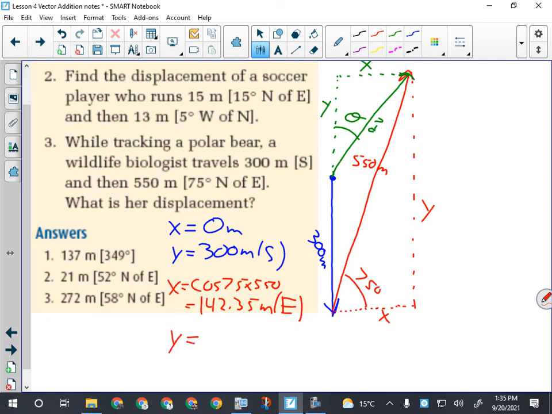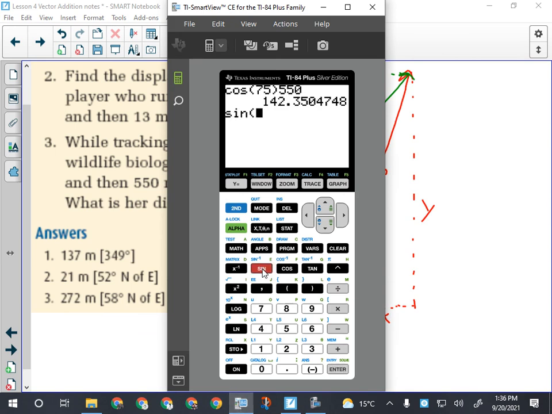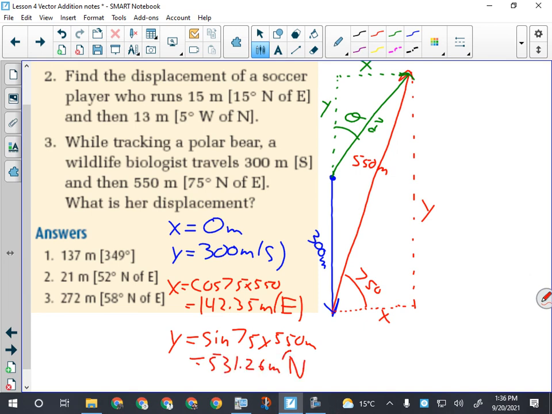Okay, and then my y component is opposite the 75-degree angle, so I'll be using sine for that one. Sine of 75, okay, times 550 meters. All right, so that one's 531.26 meters North. Again, I'm rounding off there, but I'm not rounding off in my calculator. I'm keeping all the decimals for the purpose of significant digits.